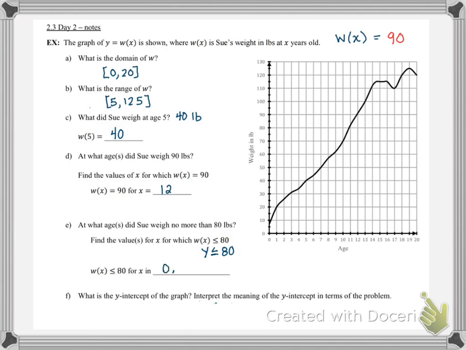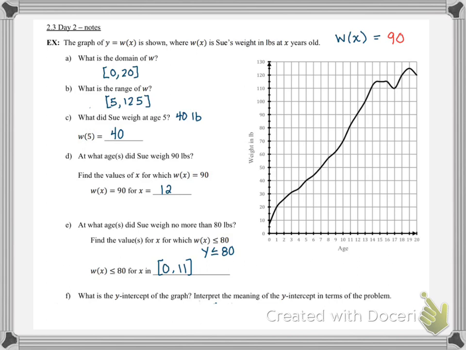Good. And I'm going to include the 11 because that's when she was 80 pounds. And my inequality is the or equal to variety, right? So I'm including where her weight was equal to 80. If this hadn't been there, I would have a soft bracket at that 11.